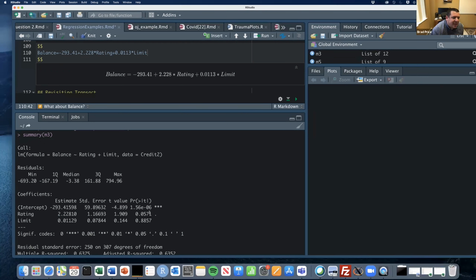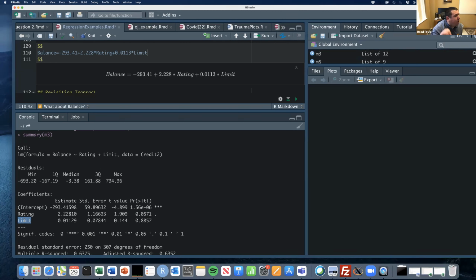That p-value is asking, given you already know somebody's credit limit, is credit rating important in understanding a balance? That p-value right there is above 0.05, right?